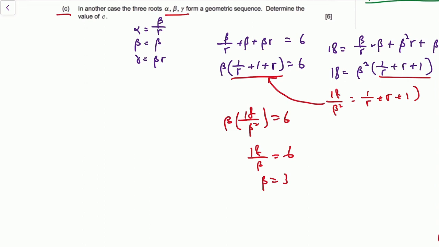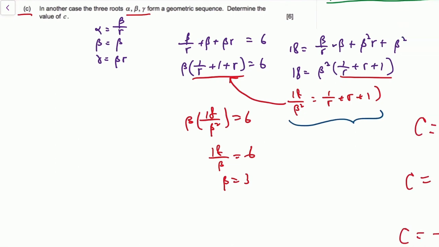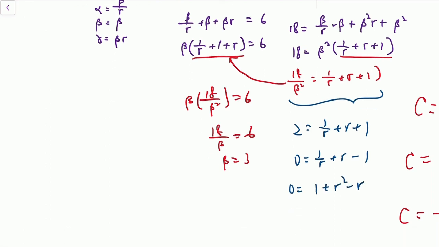And knowing beta is 3, putting back to here gives 2 minus 2, so it's minus 1. We multiply both sides by L. So 1 plus L squared minus L. So L is probably not nice.